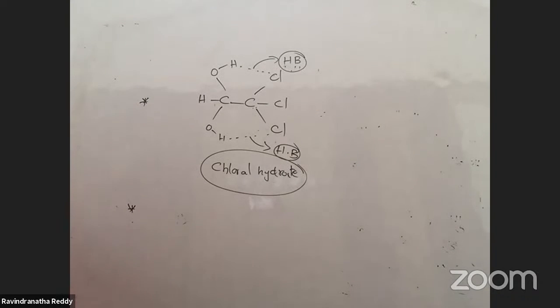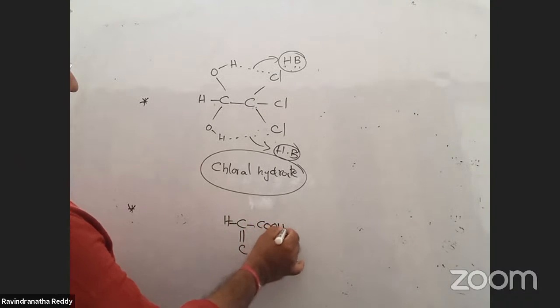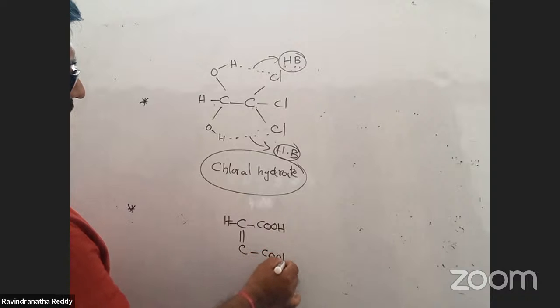Next we take fumaric acid and malic acid. Which one has the higher boiling point? Here is malic acid.